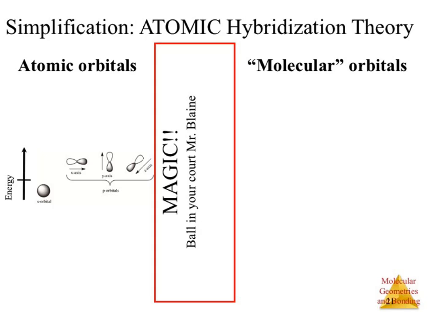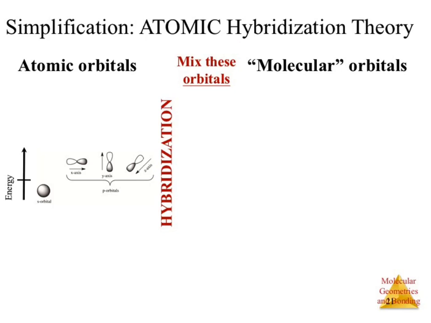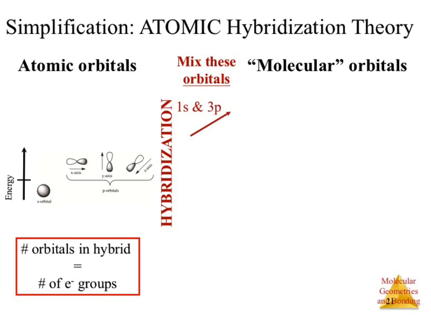Our orbitals are probability shapes. So if I take 4 probability shapes and I mash them together into one pot, what can I then do? I can pull out of that pot 4 new probability shapes that are all exactly identical to each other. That's hybridization theory. If I want 4 bonding or electron domains in my molecule, I need 4 orbitals.